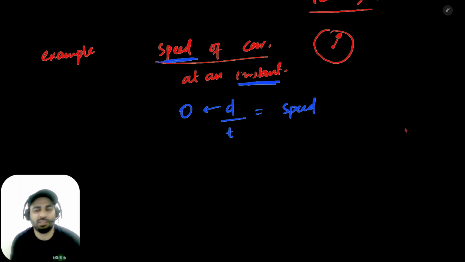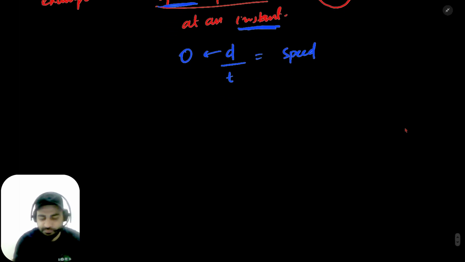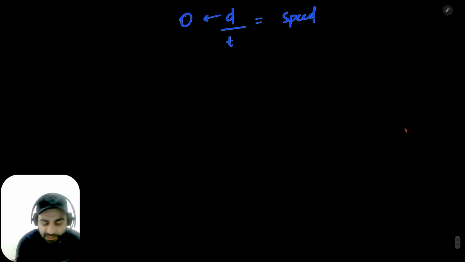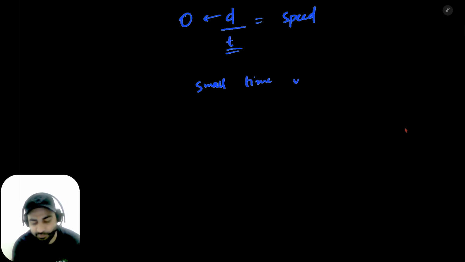Now comes the concept of infinitesimally small things. If you see a speedometer, and somebody is working in the sector of cars and measures the speed of a car, they take a very small time window. Let's suppose they take a 1 second time window.